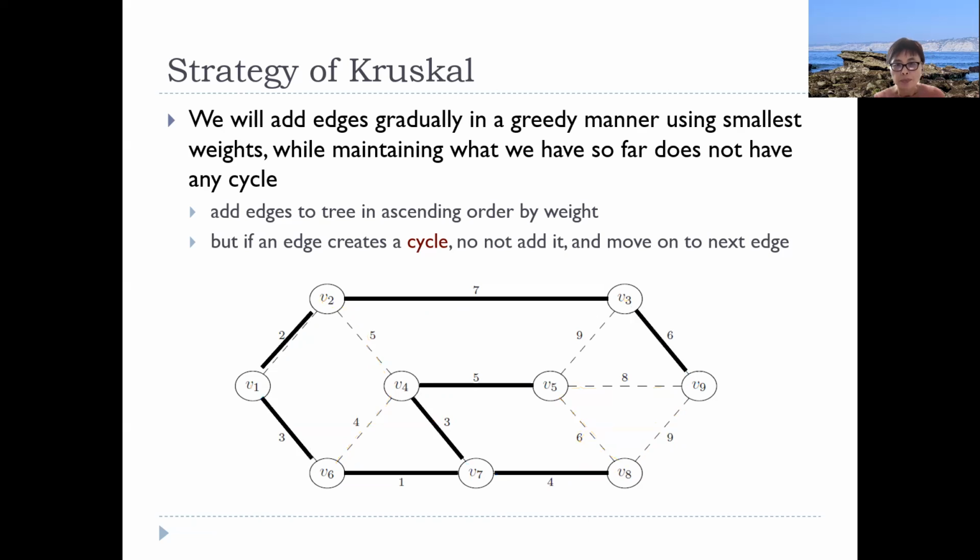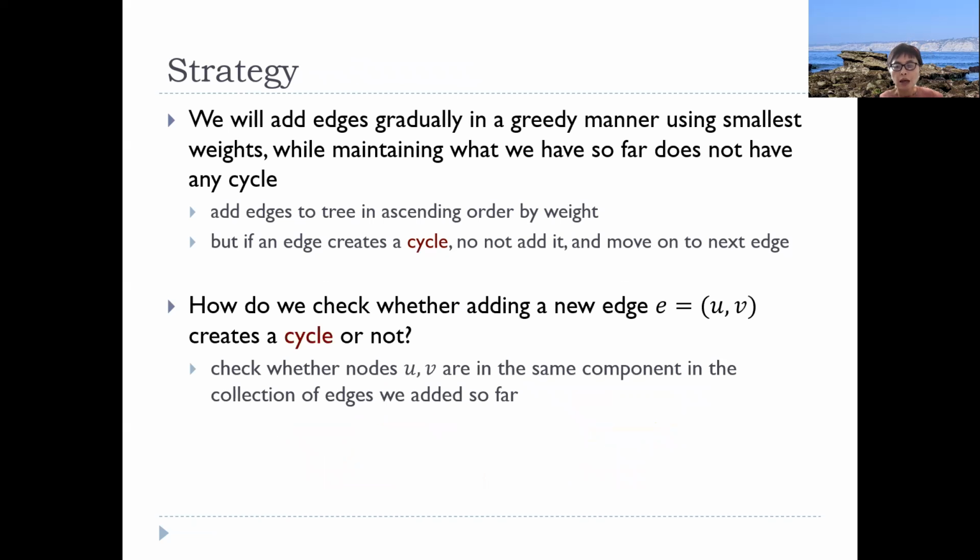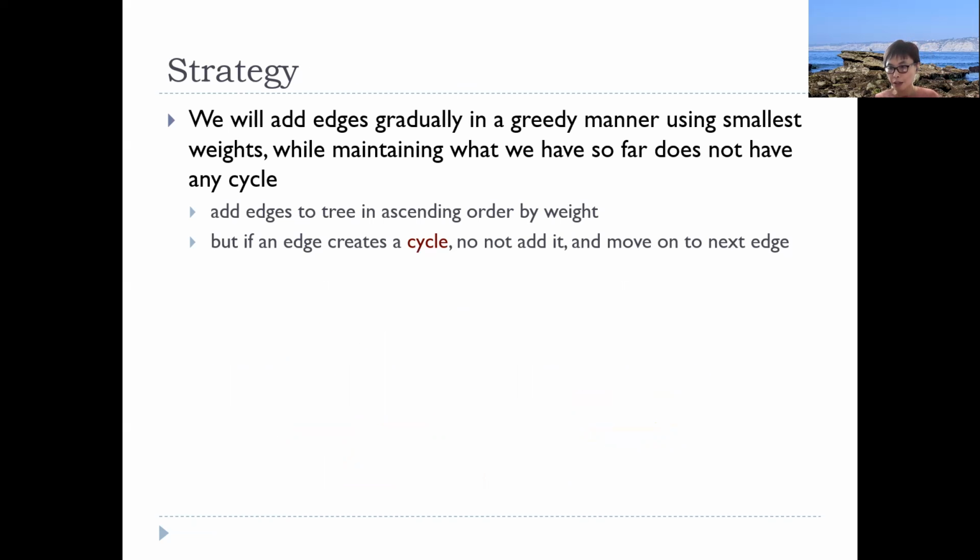All right. Now, to implement this idea, what we just went through, what did we say? I'm going to sort all the edges first by their weights from small to large. Okay, this is no problem. We know how to sort. We talked about sorting at the beginning of this class. Then I'm going to inspect all the edges one by one.